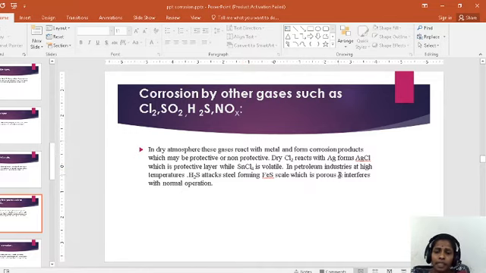In the petroleum industry at high temperatures, hydrogen sulfide attacks steel forming iron sulfide. So here in the petroleum industry at high temperature, hydrogen sulfide attacks steel. The steel has iron, and this iron reacts with the sulfur, producing iron sulfide. Iron sulfide is porous, and due to the porous nature it interferes with normal operation.